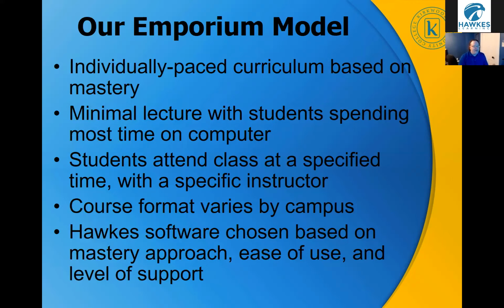We use minimal lecture, so students spend most of the time on computers and then working one-on-one with instructors and tutors as they have questions or as there's something they're getting to that we want to go over with them.